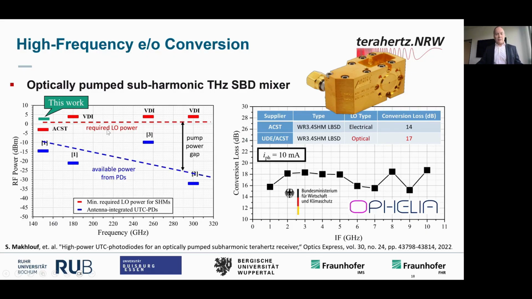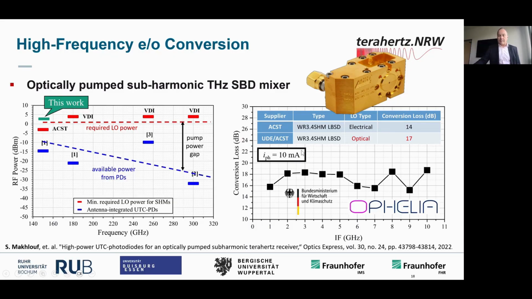That means we can down convert a 300 gigahertz signal to a low IF frequency using one of our photodiodes and then have an optically coherent system. You see the conversion loss here on the right-hand side. It's very flat over the IF band, and we can cover several gigahertz of bandwidth using this technology, again an example for 10 milliamps.